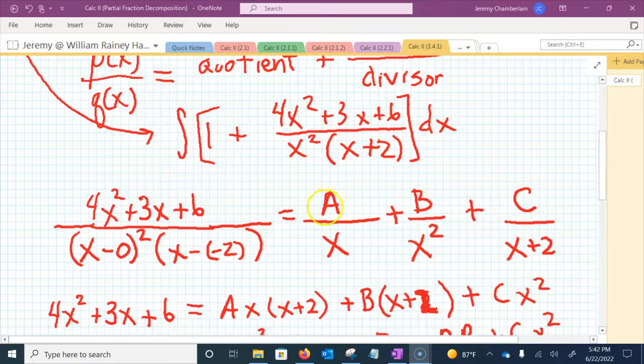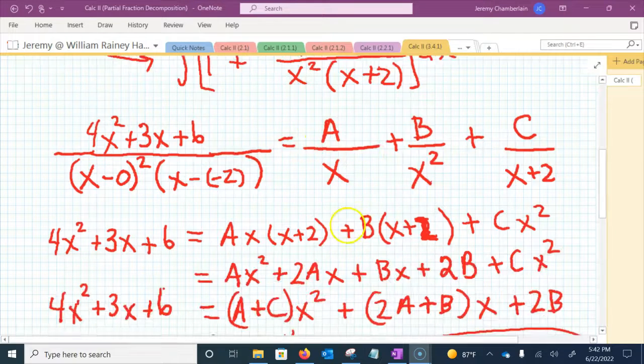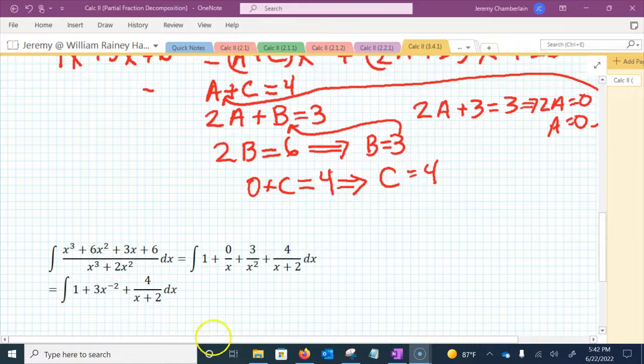But we got the coefficients to be 0, 3, and 4, so there really isn't a term with 1 over x in it. B was 3, so that's 3 over x squared. C was 4, so that's 4 over x plus 2. Rewriting this so I can apply the power rule, that's 3 times x to the minus 2 plus 4 over x plus 2.